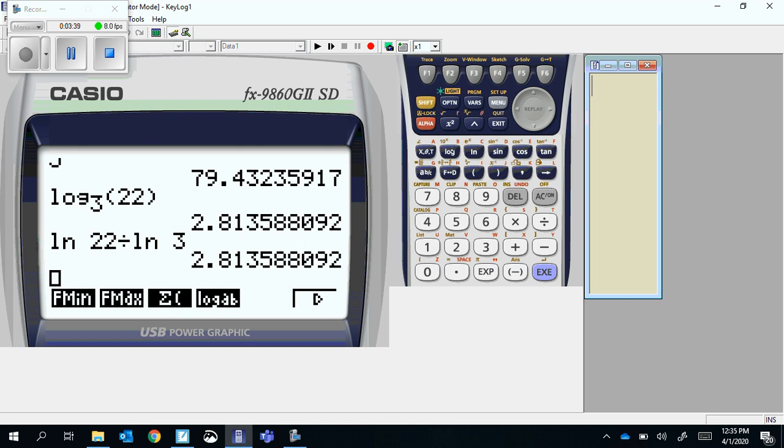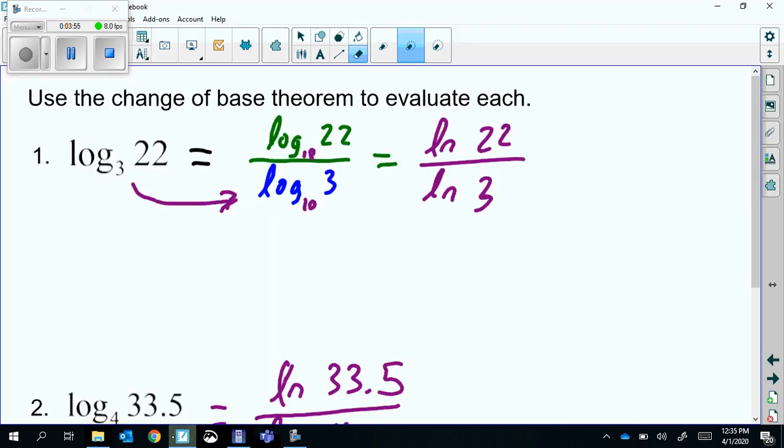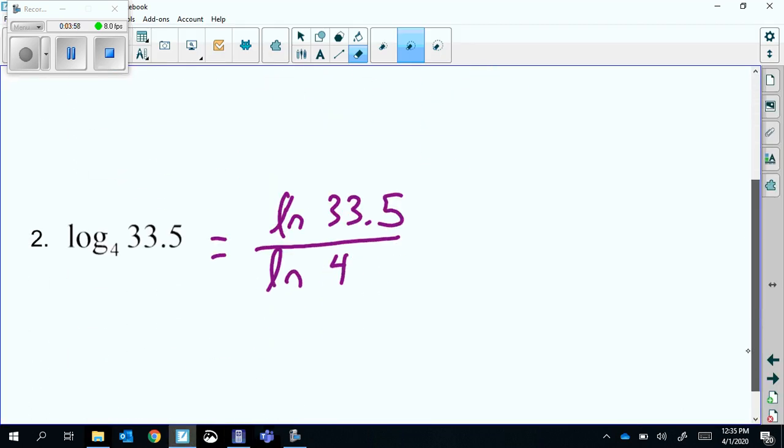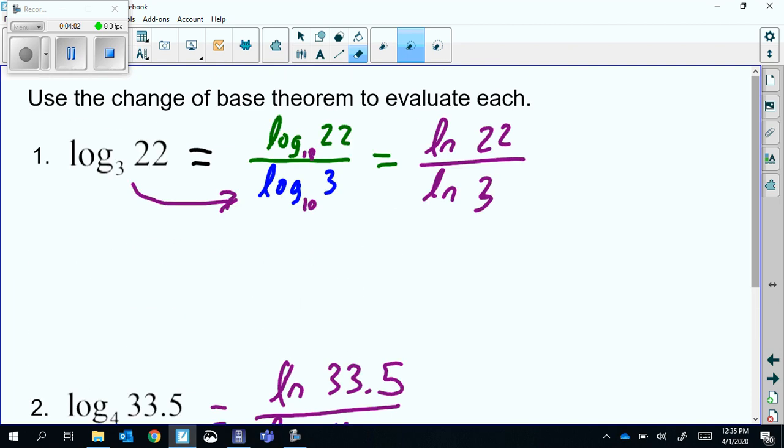And we mentioned also on our notes that log would work instead of natural log. It doesn't matter what base you do. That's also 2.81. So no matter how you type it in, that's change of base formula. Or you could use log base, like we showed you.